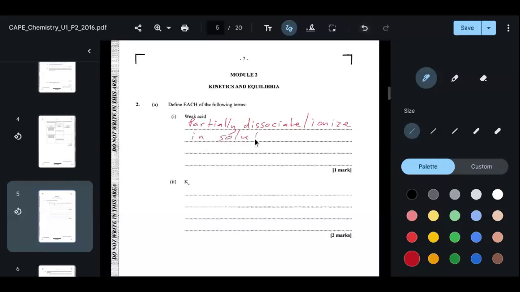Once it's in solution, it's aqueous. Ka. In terms of definition, I haven't taken a pen, but I would just put that it's the equilibrium constant for the dissociation of a weak acid.